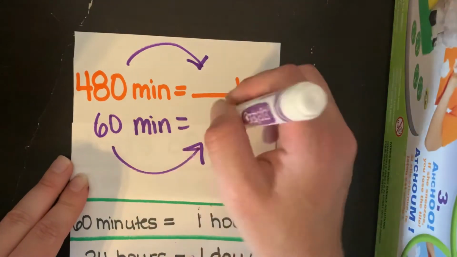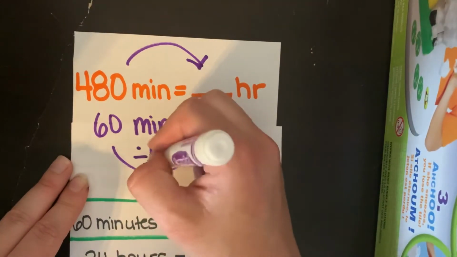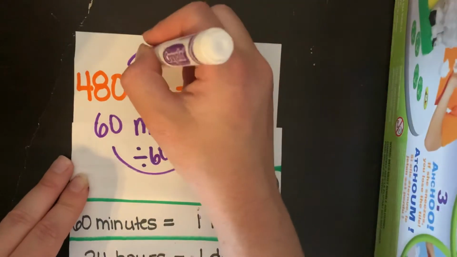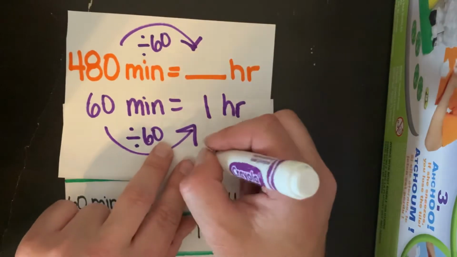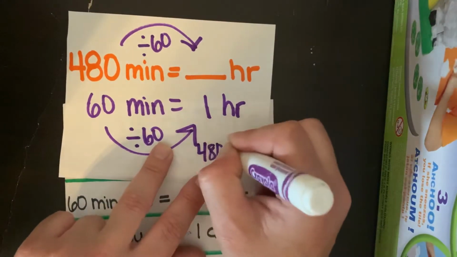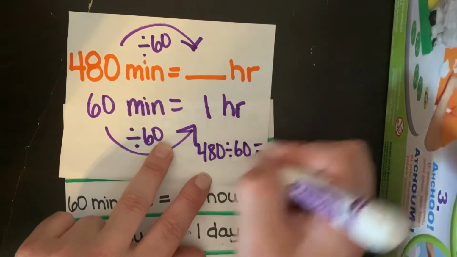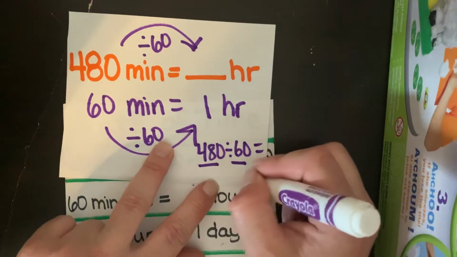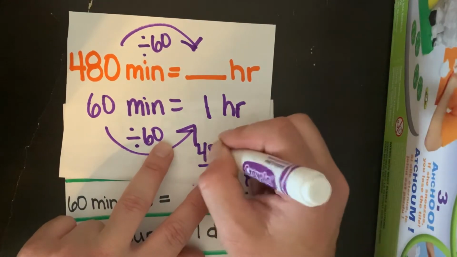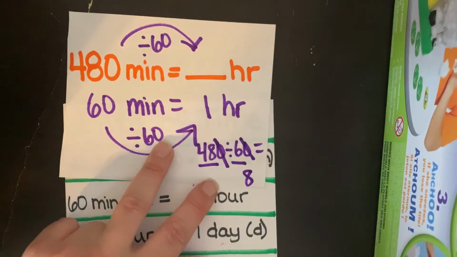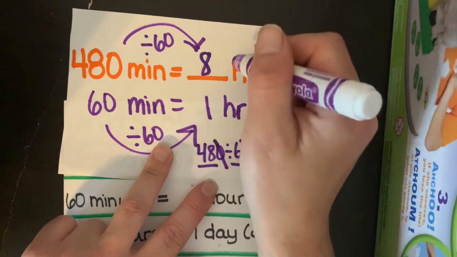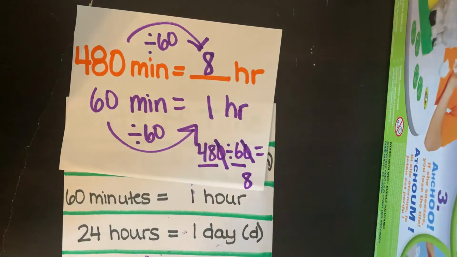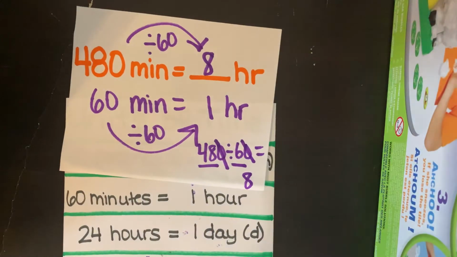I went from 60 to 1. So I divided by 60. So I'm going to do the same here. And remember, you can use your division basic facts. 480 divided by 60. I know 48 divided by 6 is 8. And then I divide out 10 and 10, so I'm left with 8. So 8 hours is equivalent to 480 minutes.